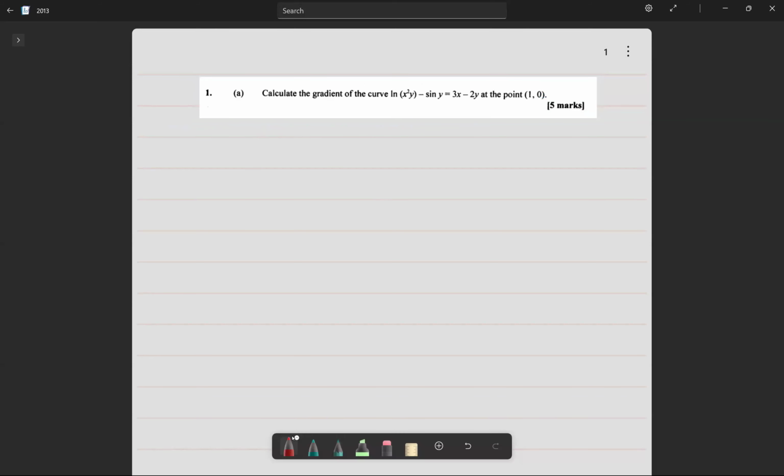So we have, rewriting it, ln of x squared y minus sine of y equals 3x minus 2y. For implicit differentiation, it just means that we're going to differentiate each term with respect to x still.